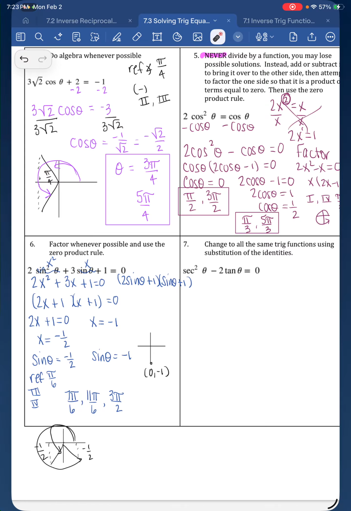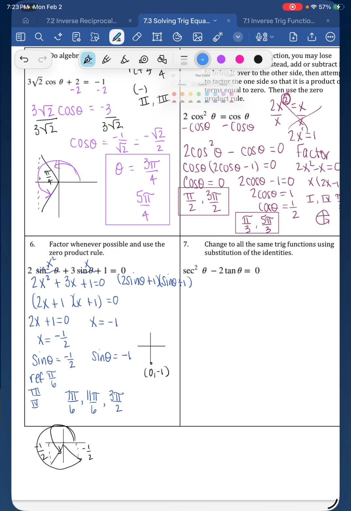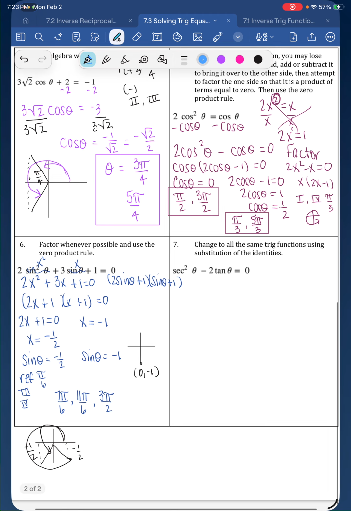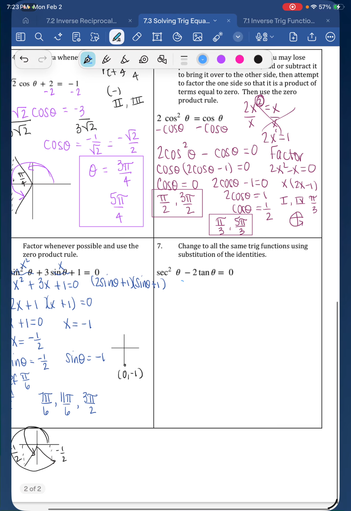Okay, last one. This last one involves us going back and remembering what some of our identity functions were. Your best bet is to try to do a substitution using secant squared. All right, so way back when, we said that sine squared plus cosine squared was equal to 1. I know this was like eons ago, and if you don't remember it, I totally understand.